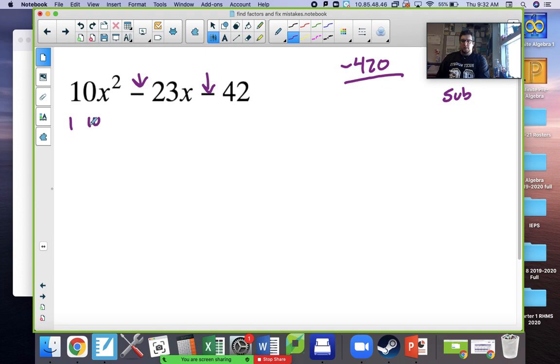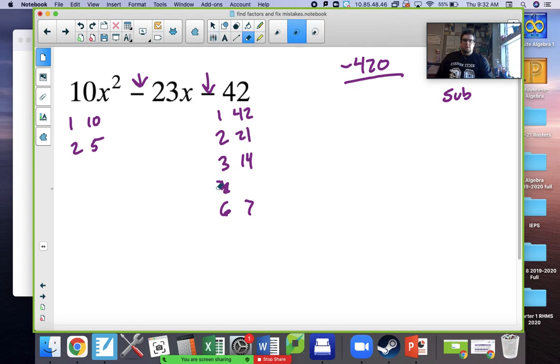So my options: 1 and 10, 2 and 5. Over here I have 1 and 42, 2 and 21, 3 and 14, 4 doesn't work, 5 doesn't work, and then 6 and 7. So in order for this to work, I need one number that's bigger than 23 and one number that's smaller than 23 that when they subtract become 23.